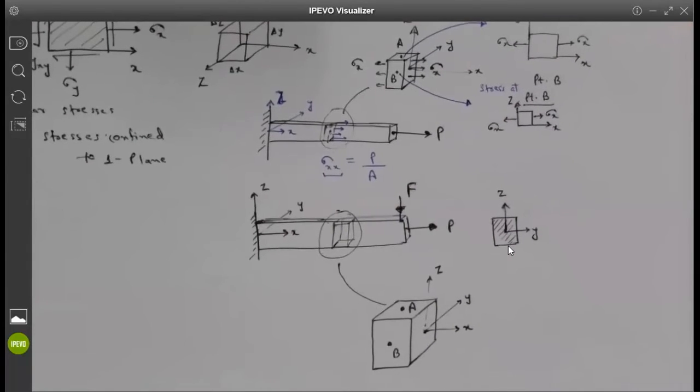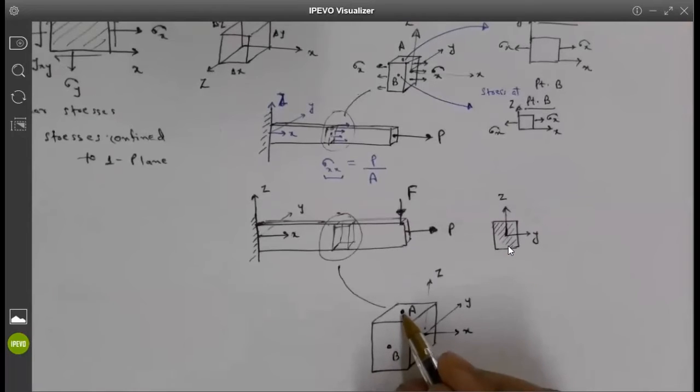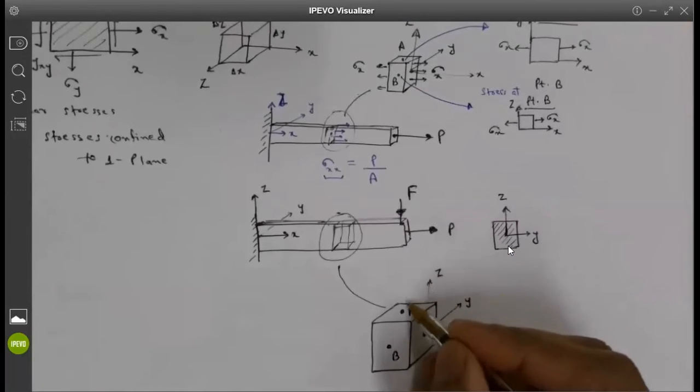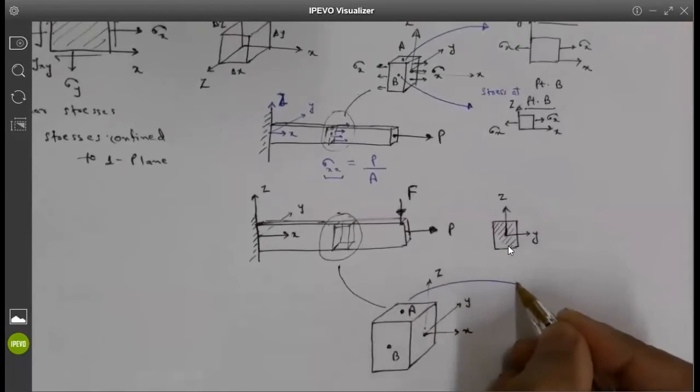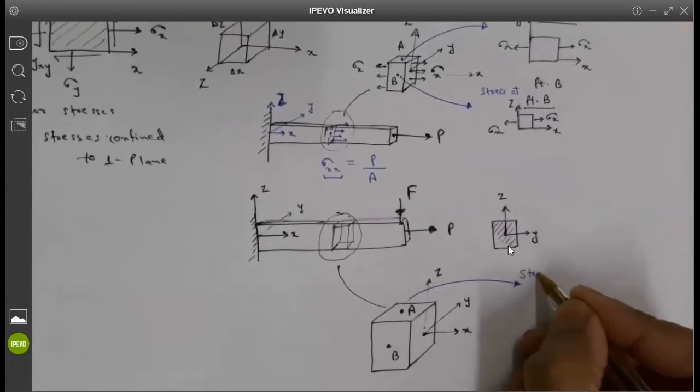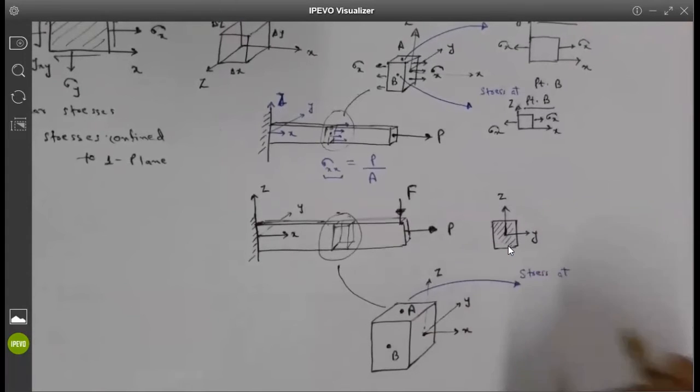So if I have to represent the stress at point A, I'm going to just look at what I'm trying to do and see whether you agree with me or not.